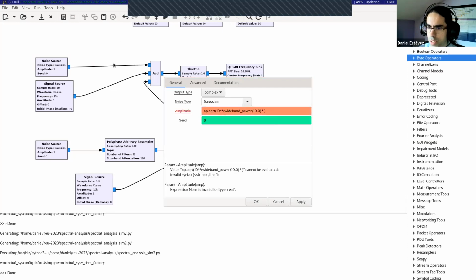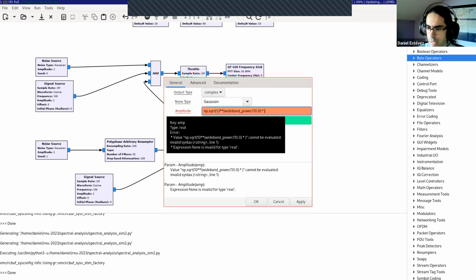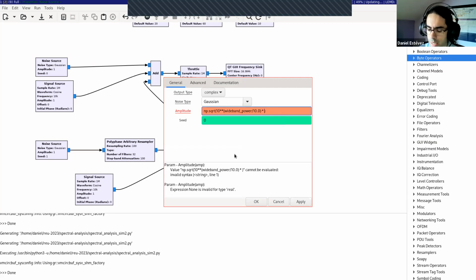But we need to adjust for the scale, because as I was saying, amplitude 1 is for the noise in 1 megahertz. So for the noise in 1 Hertz, it would be amplitude 1 divided by 1 million. But then I want the noise in the wideband width, I think I called it.